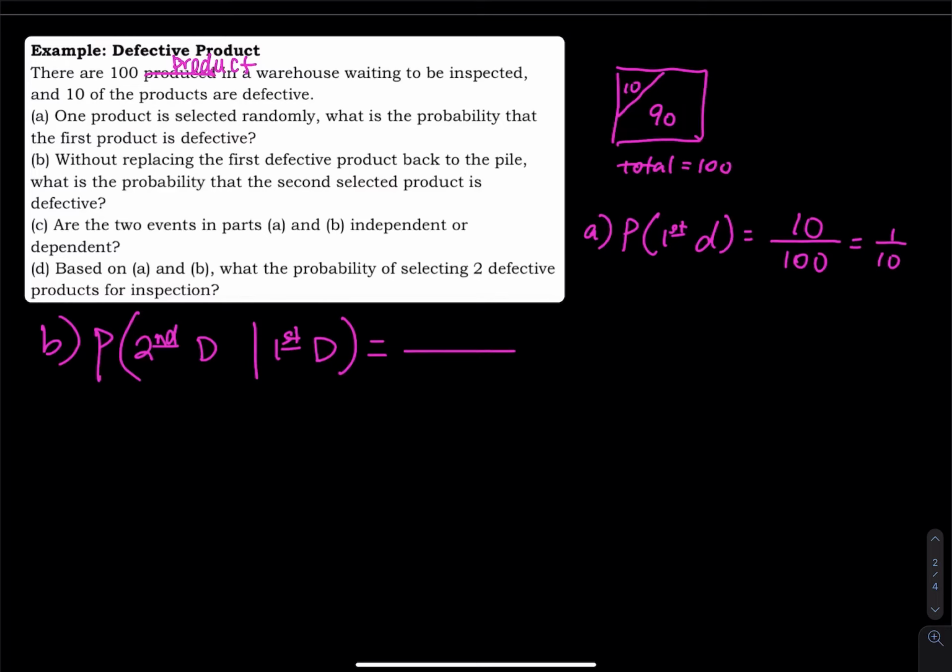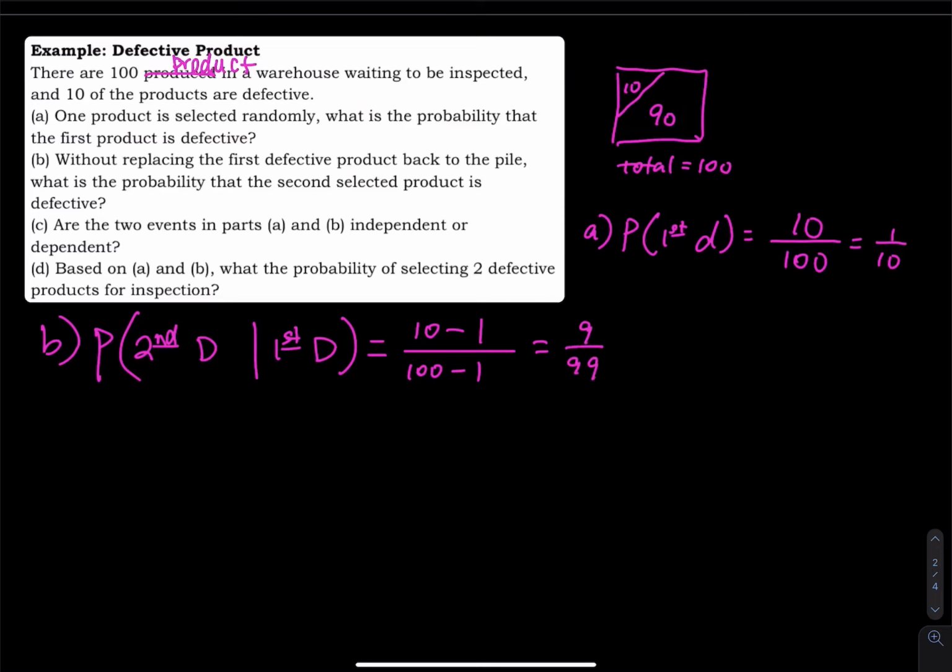If you don't put it back, then you have to subtract 1 because you are holding the first one. That changes the total frequency. You have to do 100 minus 1, and the first one is defective. I am holding that in my hand. So the number of defective in the pile right now is no longer 10. That is 10 minus 1. So that equals 9 divided by 99.